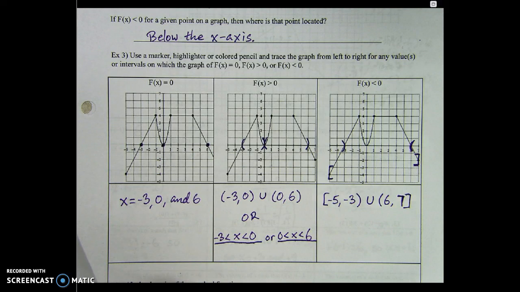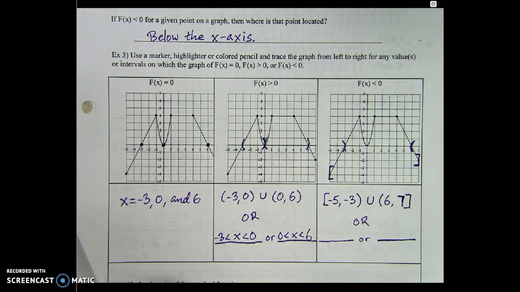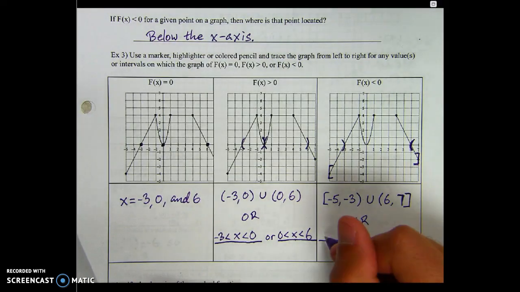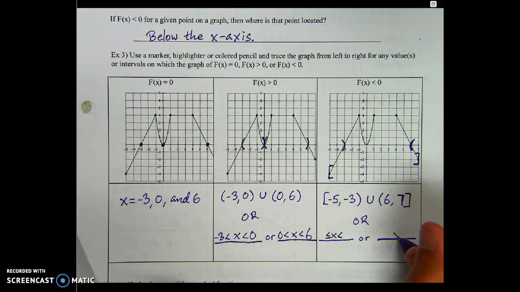All right. Now again, this can be done using inequality notation. Maybe pause the video and try and fill it in yourself. It's going to look like that or that. All right. And that should look like x is between, but with an inclusion symbol here, less than or equal to, less than on this side, or x is between excluding the first value, but including the final value.